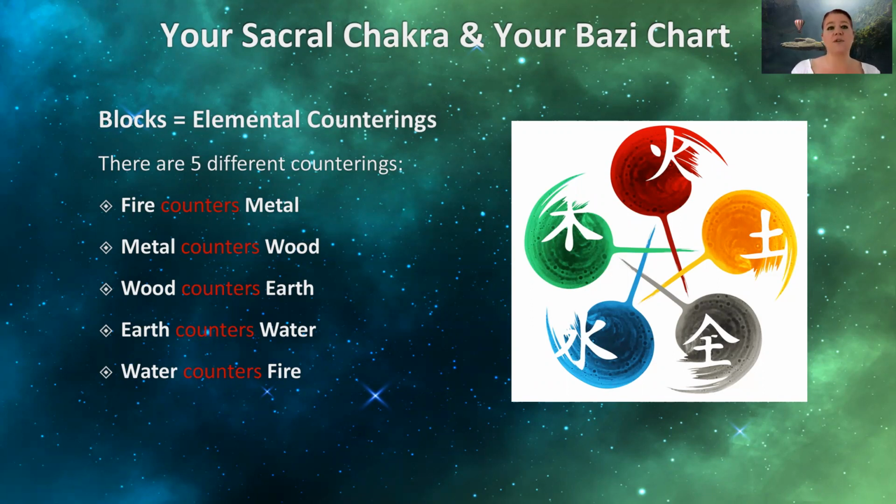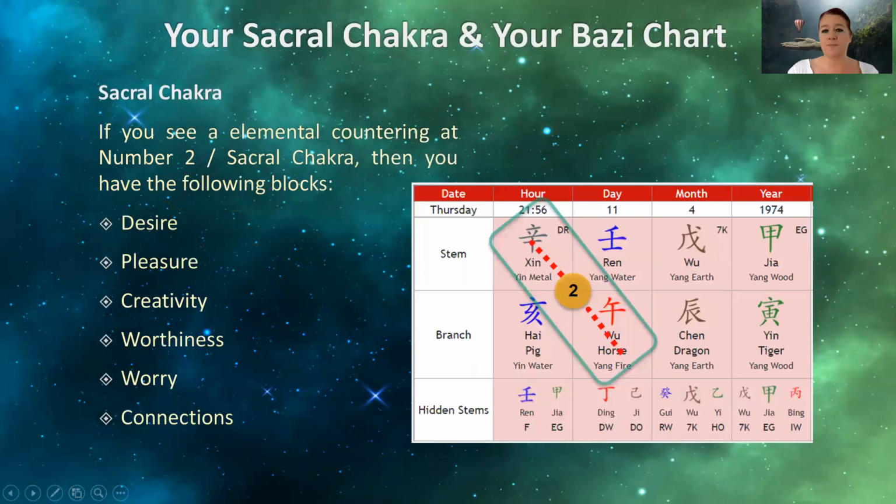Fire counters metal, metal counters wood, wood counters earth, earth counters water, and water counters fire. These are the only 5 that exist. And when you have one of these 5 counterings present in those two aspects that we're looking at, then you have a block.